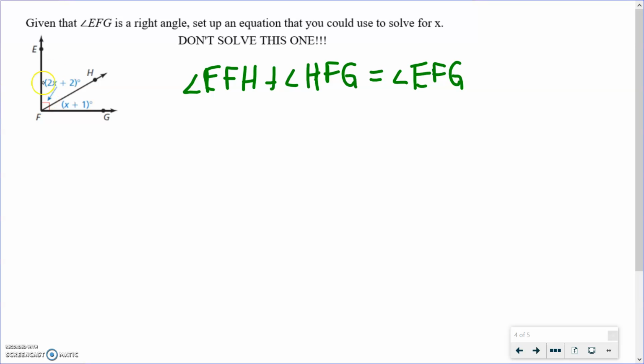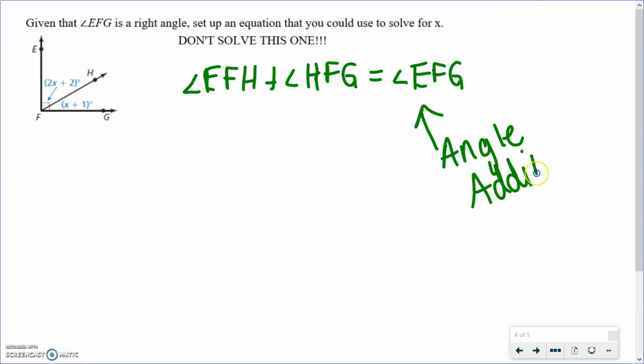Okay, so I have two parts of a larger angle, and when you add them together, you're going to get the entire angle. So this right here, this is the angle addition postulate.